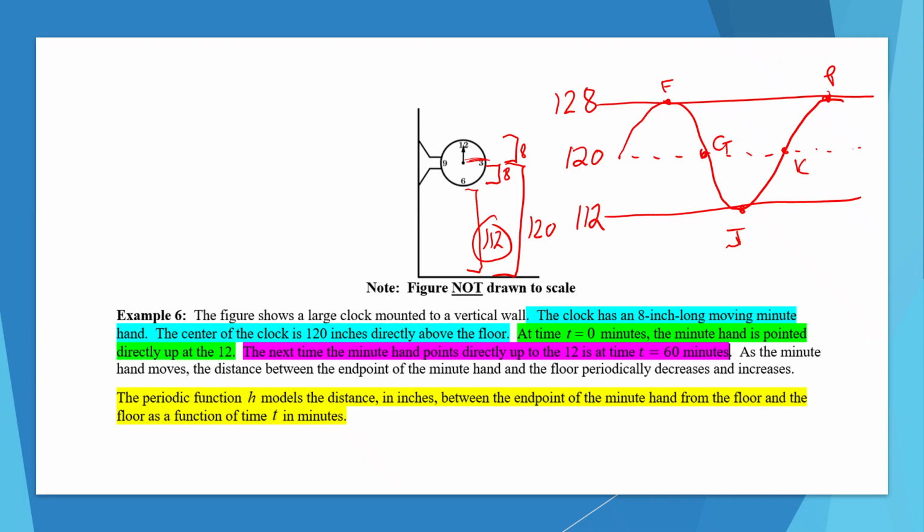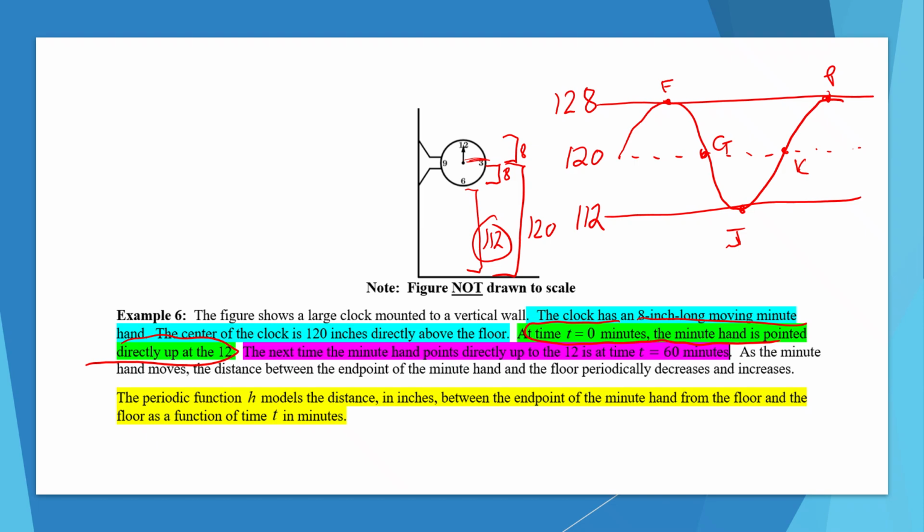And so this is given to us in green. At time t equals 0 minutes, the minute hand is pointed directly up at the 12. And so when we do this, we want to see if our starting point is going to be our minimum, is it going to be a maximum, or maybe one of those middle points on the midline. And so if the minute hand is pointed up directly at 12, think about it.